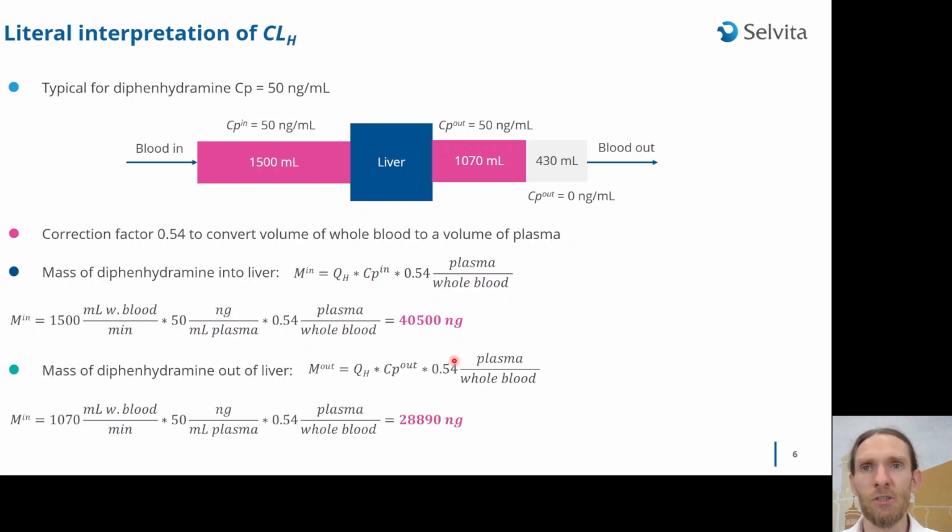The mass of diphenhydramine that leaves the liver will be calculated exactly the same way. So we have the volume of blood, which is this 1 liter, multiplied by the concentration and the correction factor, and we have almost 29,000 nanograms of the Benadryl that leaves the liver.